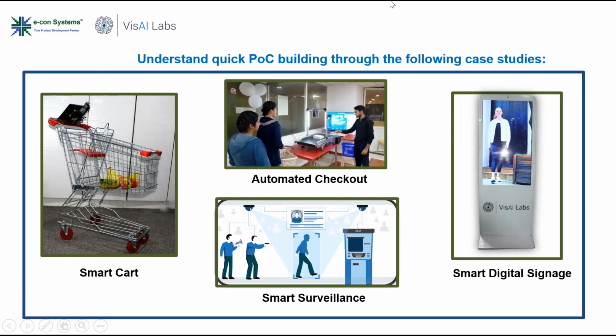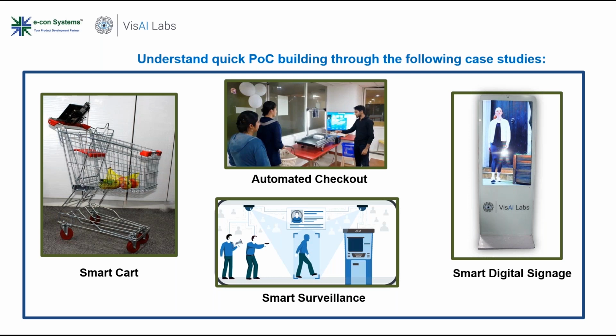When I talk about the proof of concept, I think the best way to explain a solution is to take some examples. So we have taken some case studies here, which we have worked on, and probably I would take one case study and I'll explain how we can do a 4-week POC with that case study. That's the approach we are taking today.